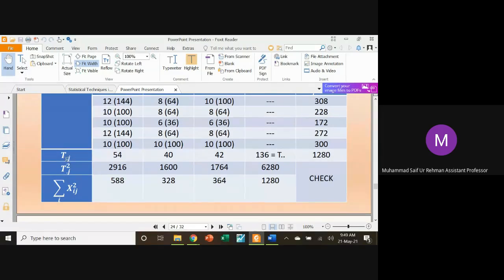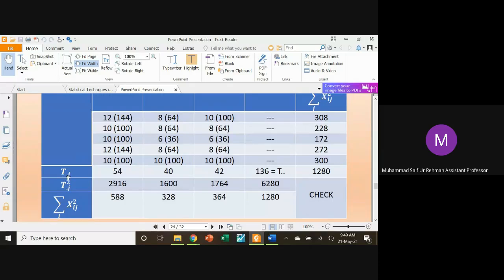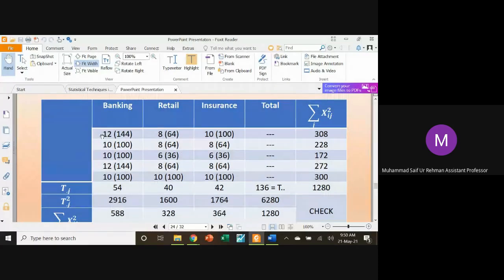Okay. And then there is this column T dot J. The dot is for row and J is for column. I am putting a dot over here because I am considering the rows. So first row, rows are being changed, column will remain the same. T11 will mean the first row and first column, so in the first row and first column, this is the value 12.